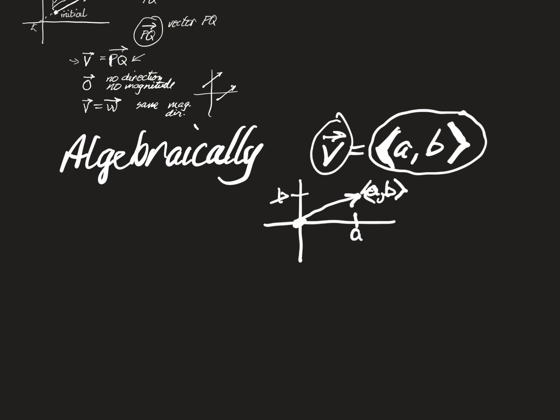And then, of course, we want to then be able to work with that. If a vector is at the origin, its initial point is the origin, then we call that vector a position vector.